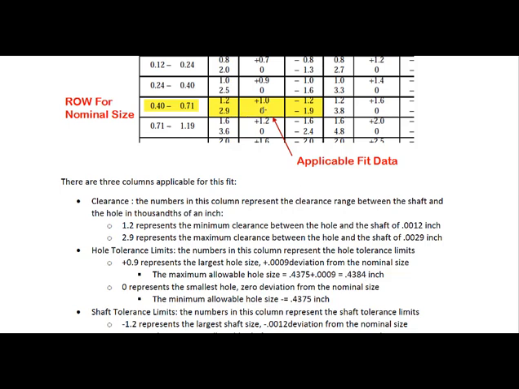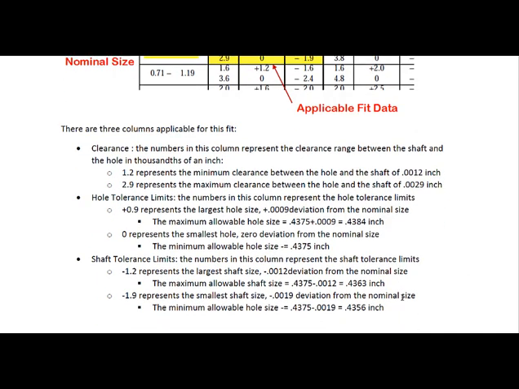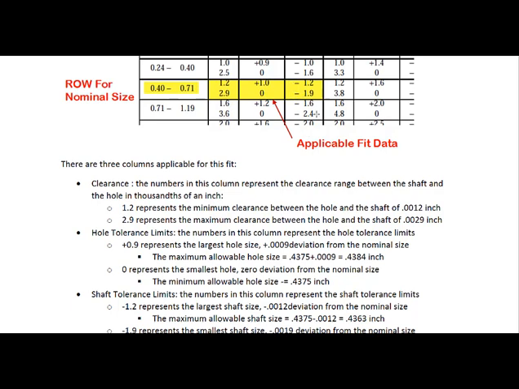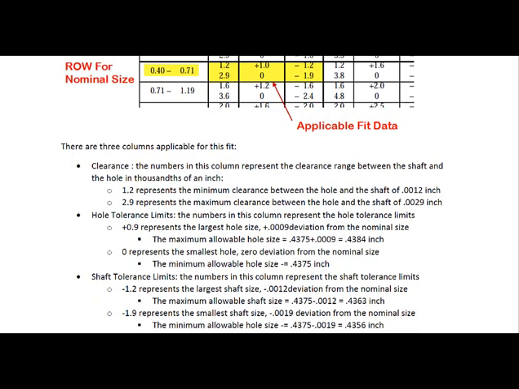Now the 0 right here represents the smallest hole. Again, we're talking about a hole basis system, which means that the minimum allowable hole size is the basic hole size, in this case 0.4375. Then in the next column, we're talking about the shaft tolerance limits. The negative 1.2 represents the largest shaft, which is negative 0.0012 deviation from the nominal size.